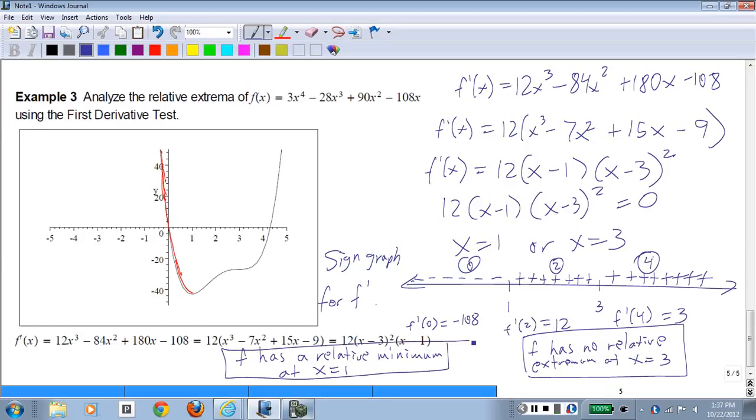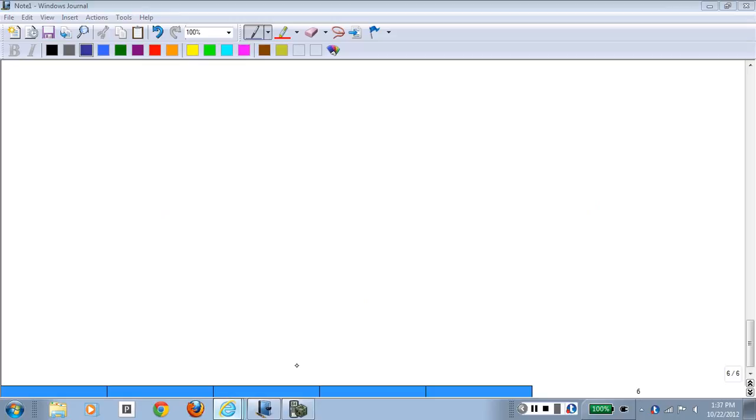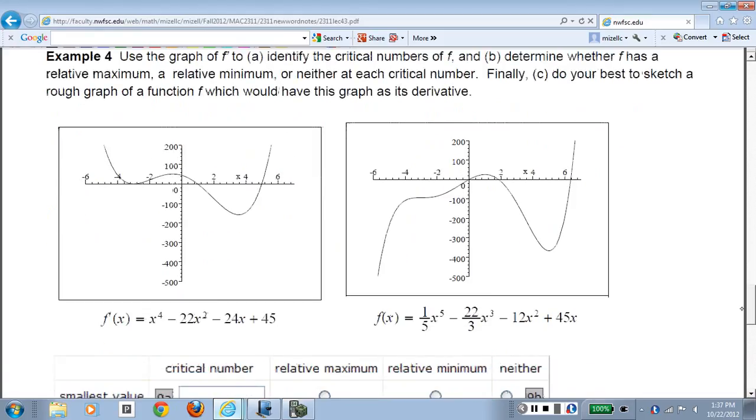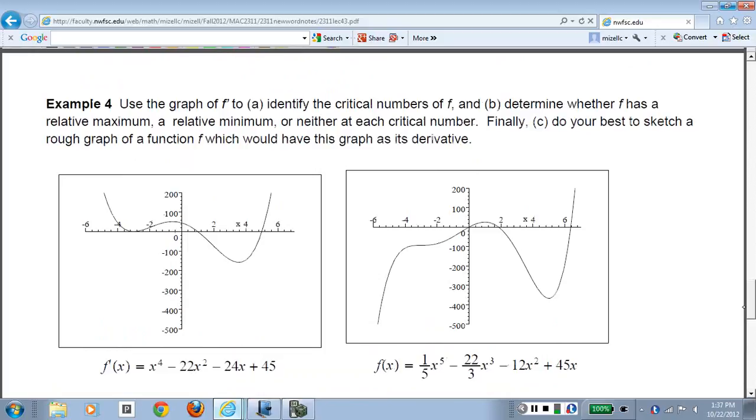Here we go. This problem is maybe the trickiest one we'll have on a test all semester. Something like this.